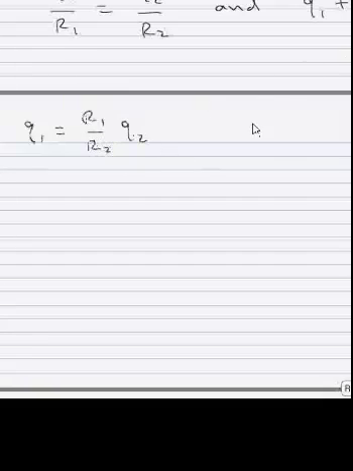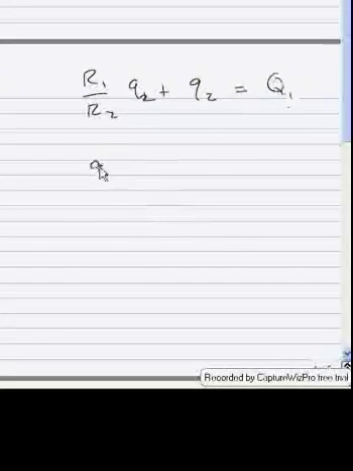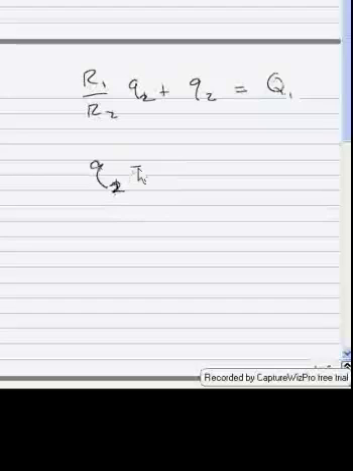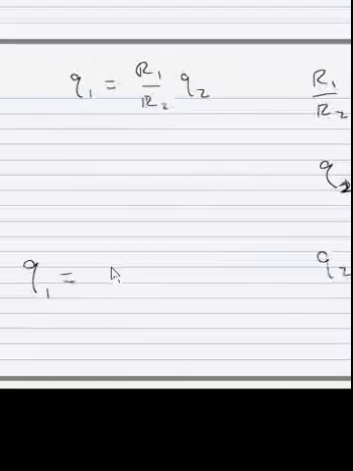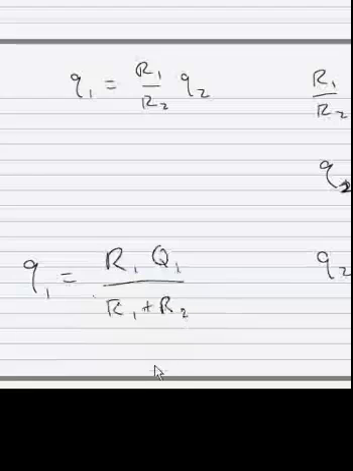I plug that into my other equation, and that gives me q2 plus R1 over R2 times q2, and I end up with q2 is Q1 over 1 plus R1 over R2, and if I multiply the top and the bottom by R2, and if I plug this back in and multiply to get q1, I get R1 Q1 over R1 plus R2.